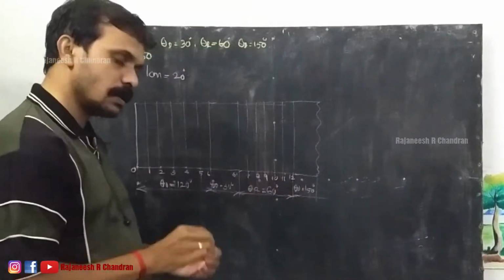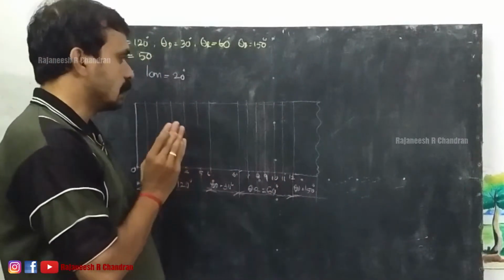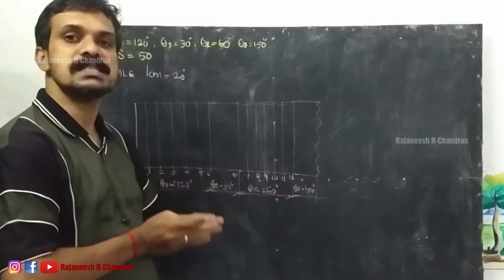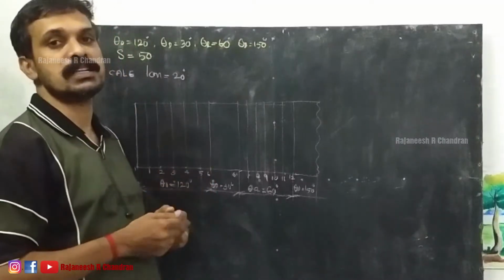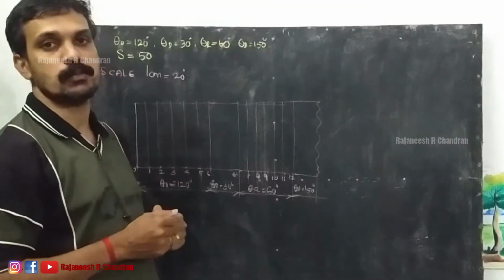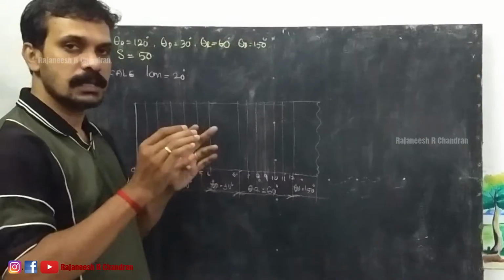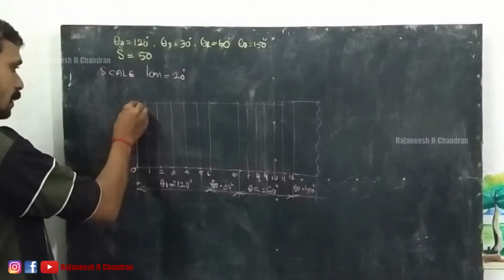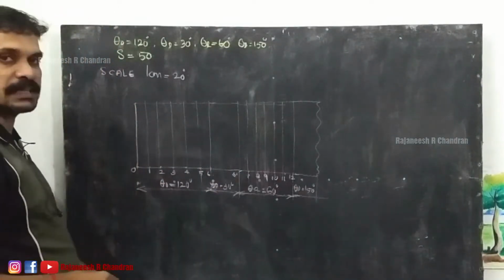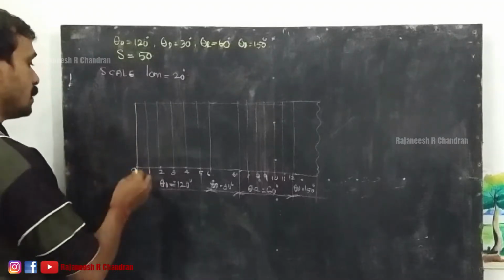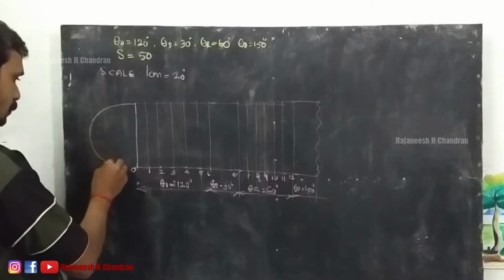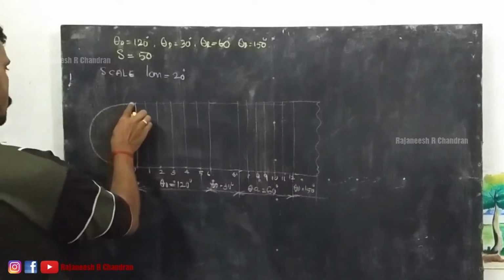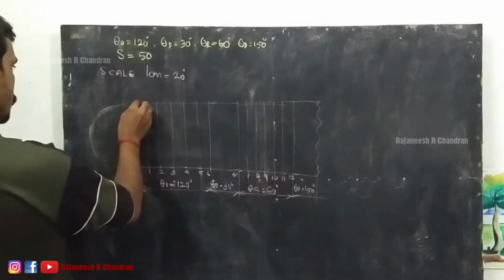Now here the follower is moving with a simple harmonic motion. So we have to learn how to construct the displacement diagram when the follower is moving with a simple harmonic motion. The method is, keeping this stroke length as diameter, draw a semicircle.